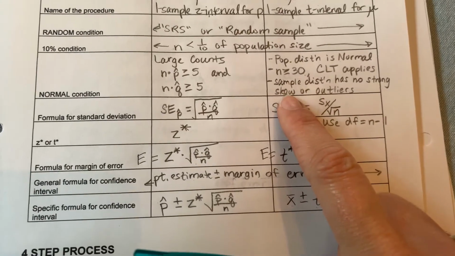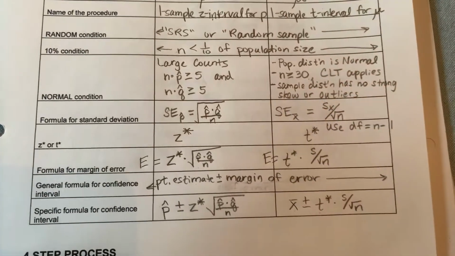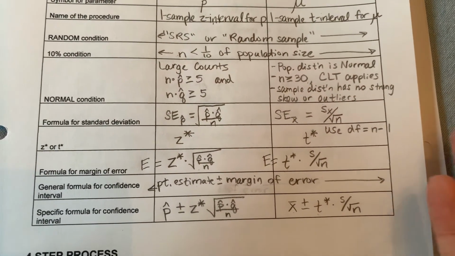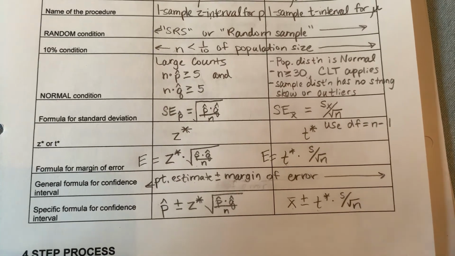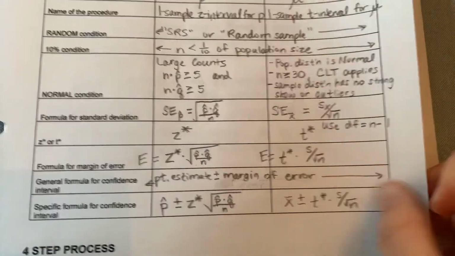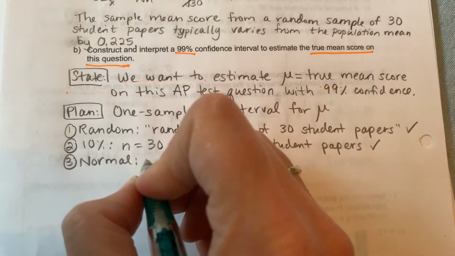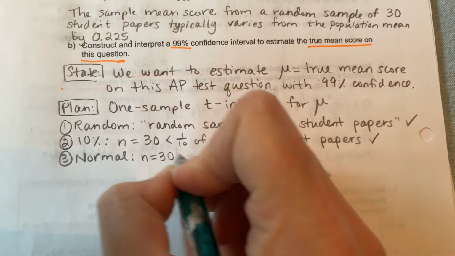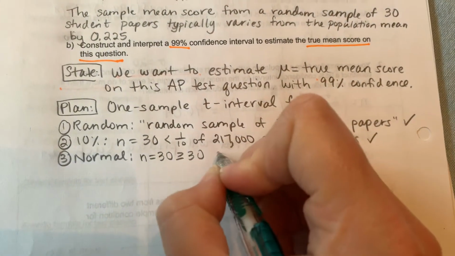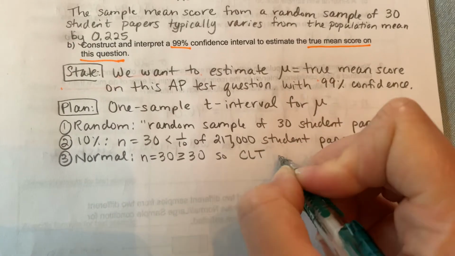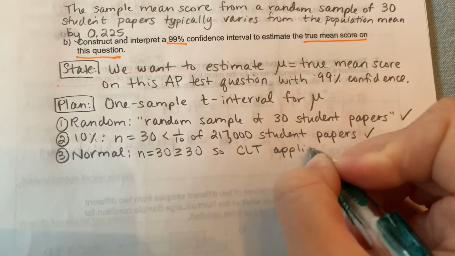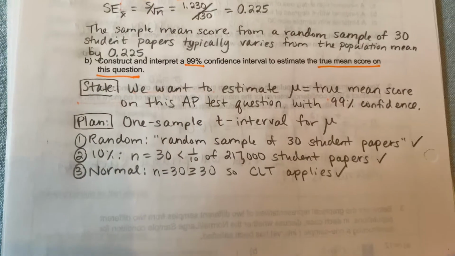If it hadn't, I would need to check the sample distribution. I literally can't do that here. I don't know what the sample values are, so I can't sketch them. It has to be that N is greater than or equal to 30, and it is. So N equals 30 is greater than or equal to 30. So CLT, central limit theorem, applies. Check. Okay, conditions are met.